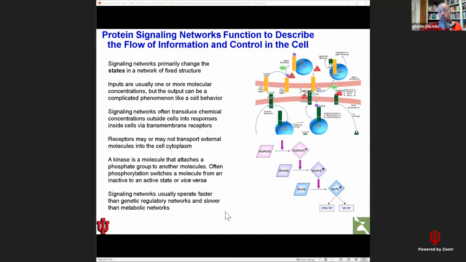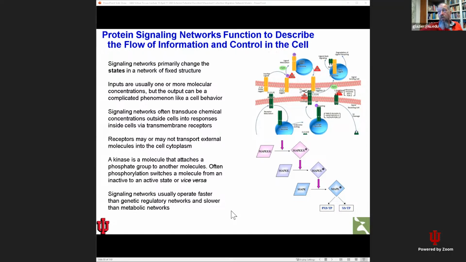A molecule that removes a phosphate group from another molecule is called a phosphatase. The process of attaching a phosphate is called phosphorylation. The process of removing it is called dephosphorylation. And you'll see this kind of cascade of phosphorylation and kinases again and again in different forms if you look at signaling.